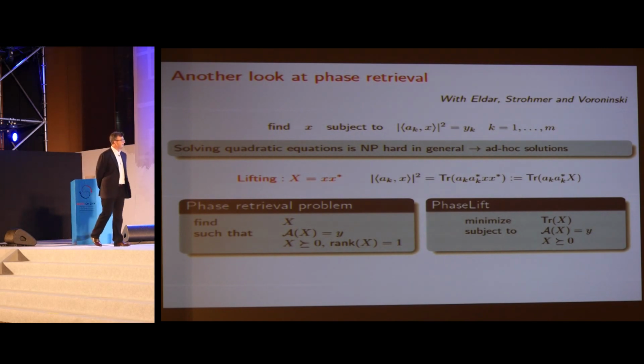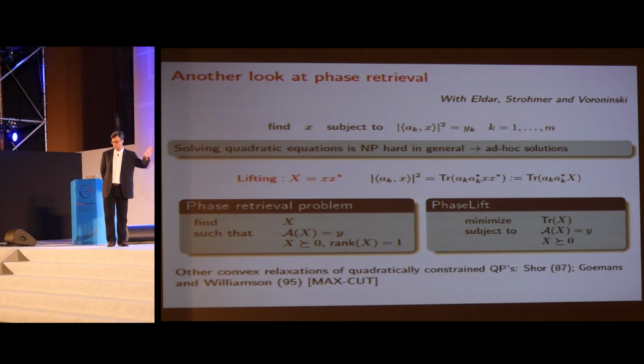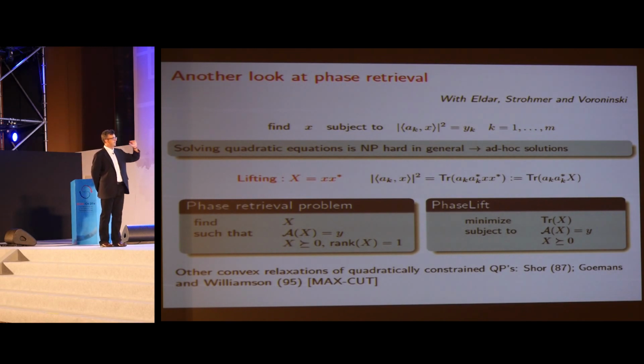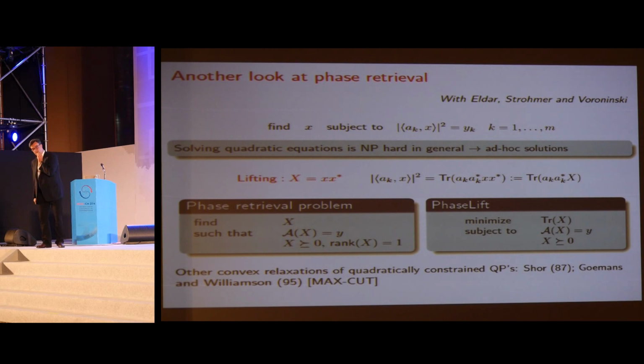And this has a flavor of some of the stuff you heard yesterday in a completely different context. For example, it's extremely connected to the relaxation of max cut by Goemans and Williamson. It's a slightly different relaxation, but what's amazing is that these relaxations were not considered in imaging problems.